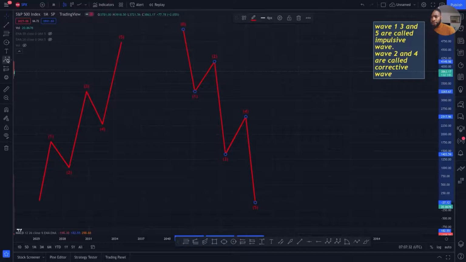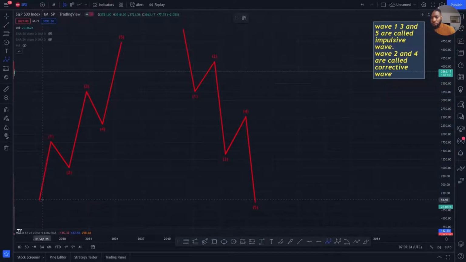For example, the impulsive wave is always a 5-wave pattern. If wave 1 is an impulsive wave, you can also get a smaller 5-wave pattern within this impulsive wave.